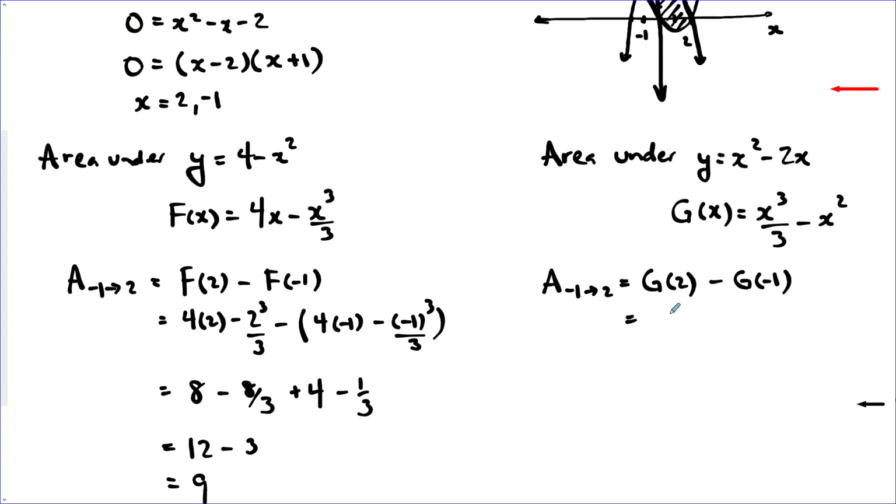Now g at 2, let's see, 2 cubed divided by 3 minus 2 squared minus brackets -1 cubed over 3 minus -1 squared. This one here is 8/3 minus 4.